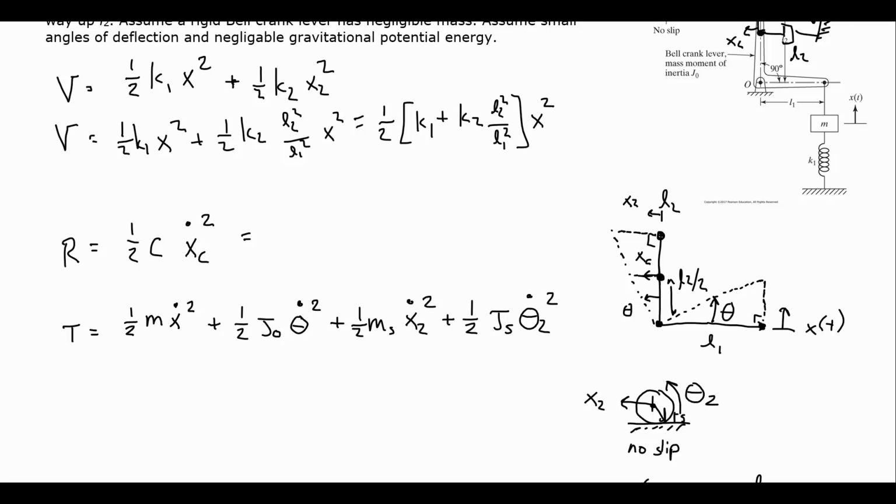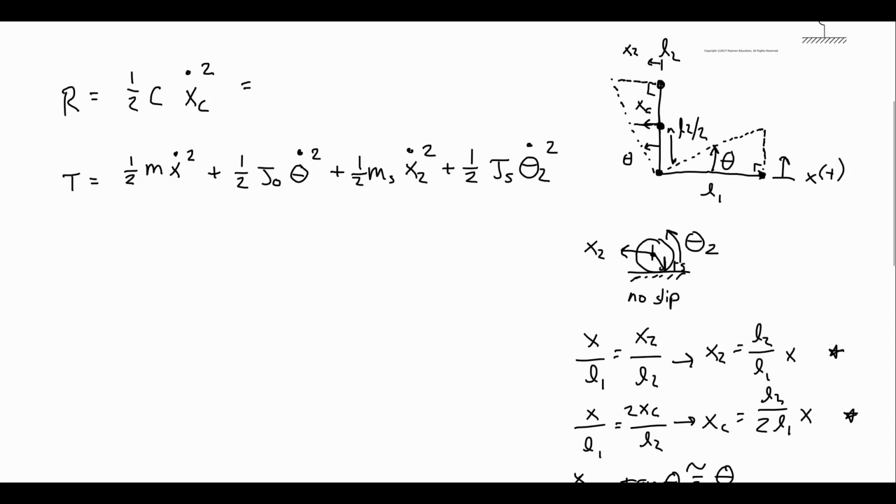Now I can rewrite r in terms of x. I have the definition for xc below. Remember, since L2 and L1 are constant, I can just differentiate both sides and relate xc dot to x dot. So rewriting this, I have 1/2 times c, and now I need to square xc dot, which is the same as L2 over 2L1.